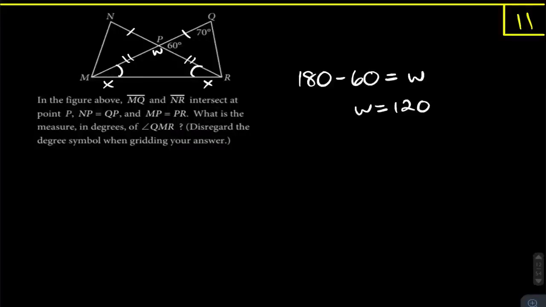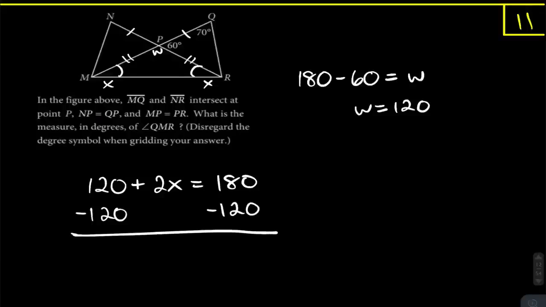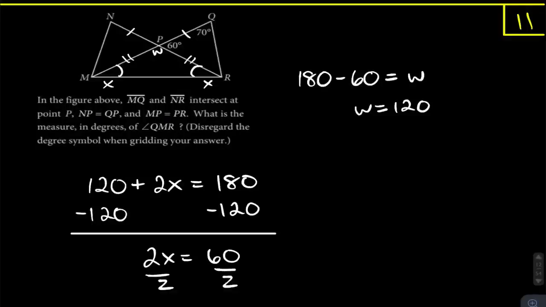So we know that 120 plus both of those angles, 2x, is going to equal the full 180 in that triangle. Just solving for x here, subtract 120 on both sides, 2x is going to equal 60. Divide by 2. We get that x is 30.